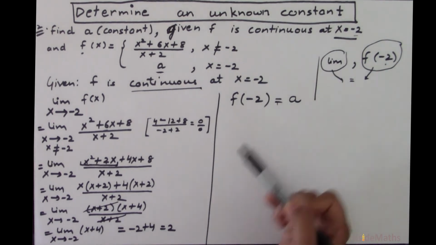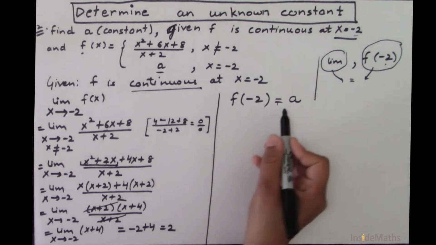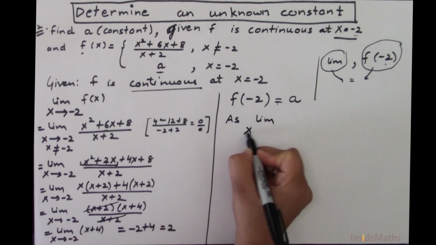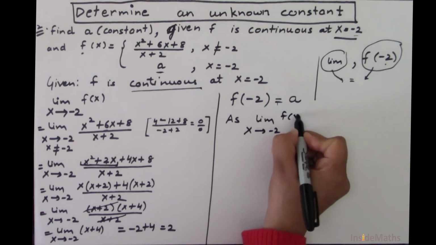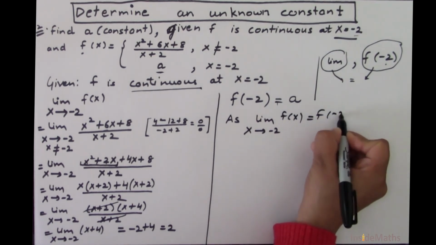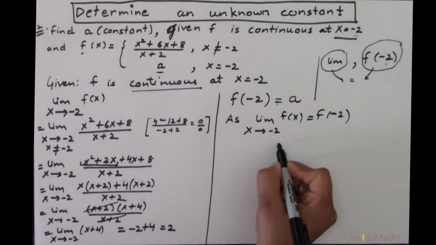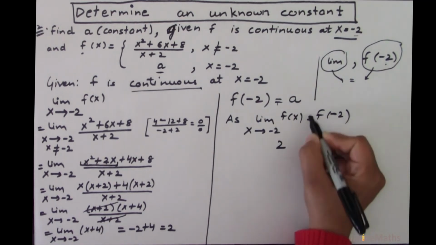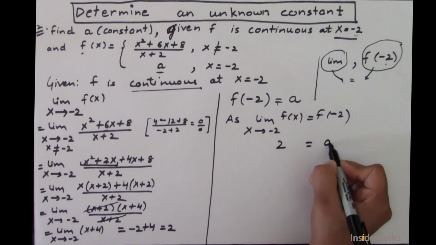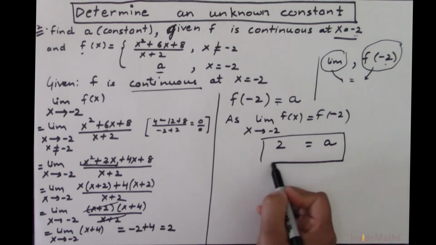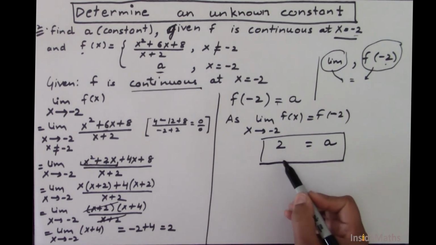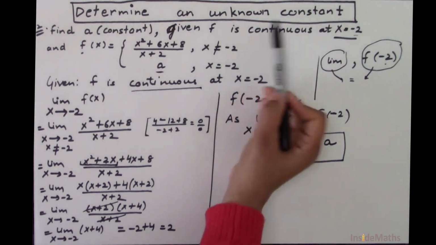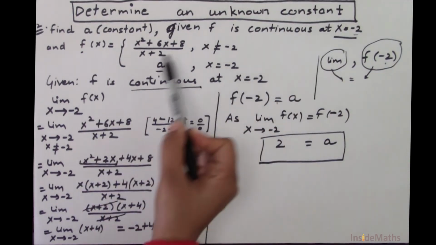So if I equate these two equations, that means as limit x approaches to negative 2, f of x equals to f of negative 2. That means the limit of this function is 2 and the function at minus 2 is a. That means the value of a is 2. So this is how we find the unknown constants when we are given the function as continuous.